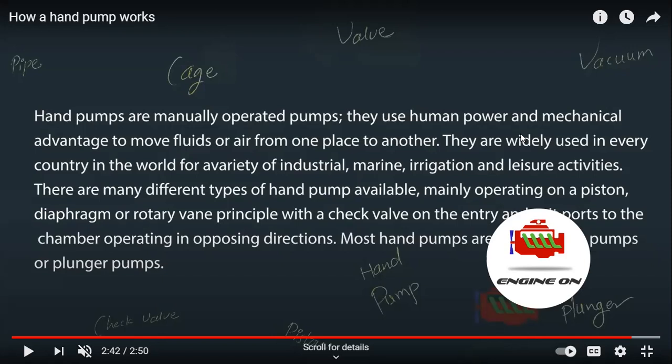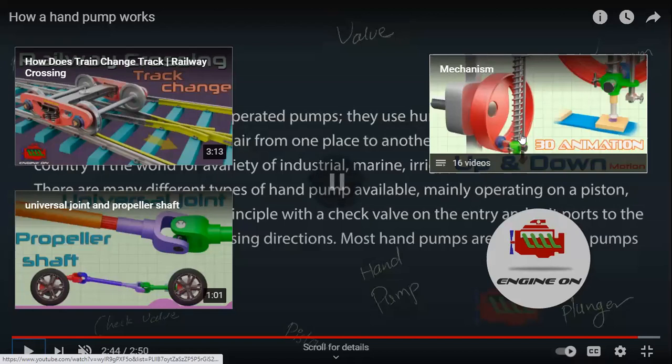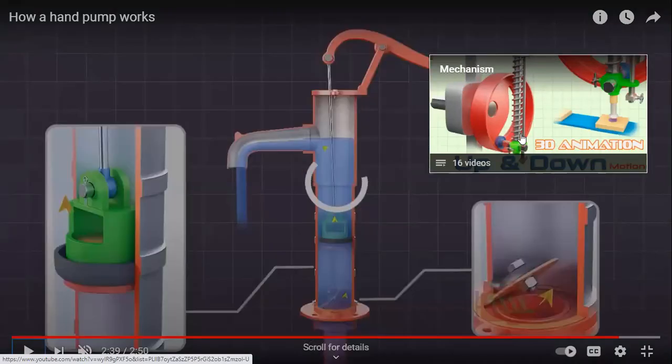There are many different types of hand pumps available, mainly operating on a piston, diaphragm or rotary vane principle, with a check valve on the entry and exit ports to the chamber, operating in opposite directions.